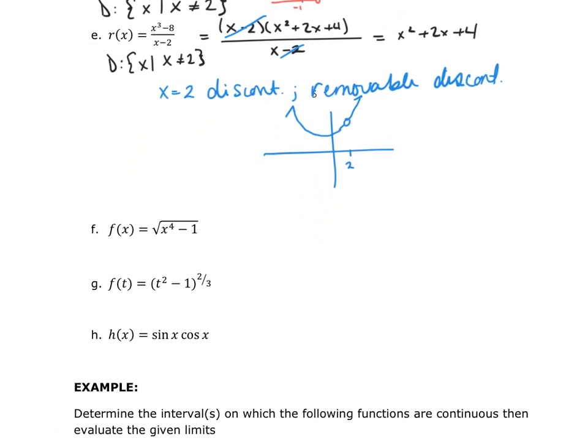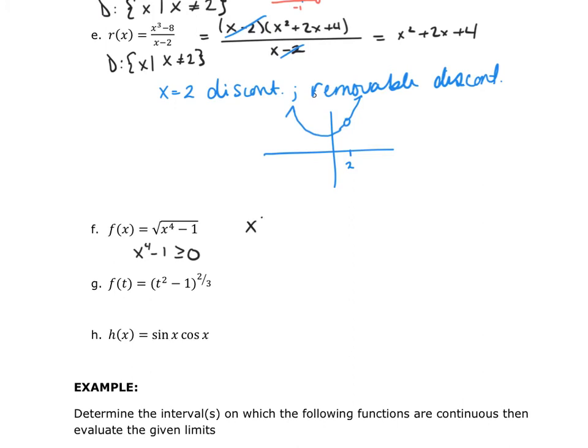Let's take a look at f, and I'm trying to determine what is the domain for f. And to figure out the domain for f, I know that x to the 4th minus 1 has to be greater than or equal to 0. This goes back to some pre-calc 1 stuff.